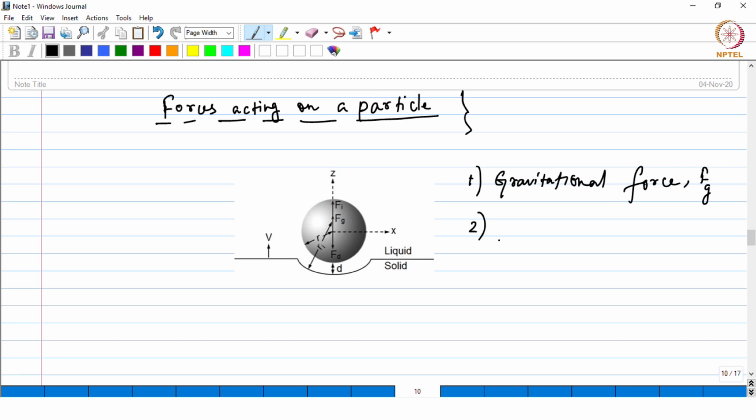The drag force, Fd, and the force due to interfacial energy, which is basically the molecular force or the van der Waals force that develops as the interface approaches the particle.